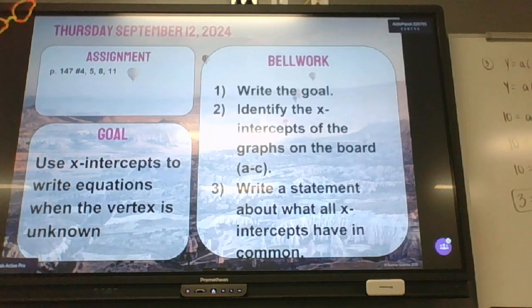If your parabola turned before it hit the x-axis, or never gets up there, there are no x-intercepts at all. Later in the chapter, we'll call these no solution equations. They're kind of floating in the air. So sometimes there's 2, sometimes 1, and sometimes none. Any questions before we check yesterday's work?